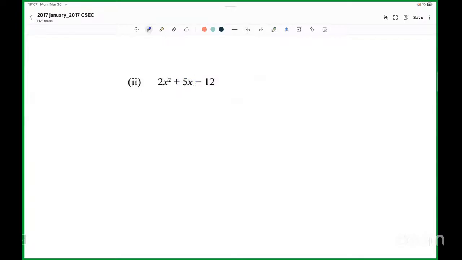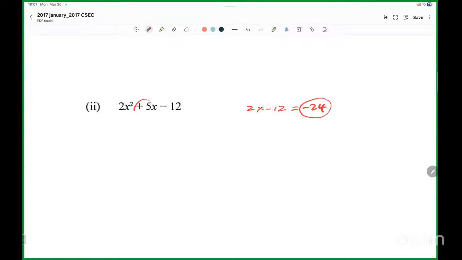So the process, as we know it, to split this middle value is to first multiply the coefficients, 2 and the minus 12. I can look at this and factorize, but let's go through the process. 2 times negative 12 is equal to negative 24. They want factors of negative 24 that add to the middle coefficient of positive 5. It's the ABC method I use.